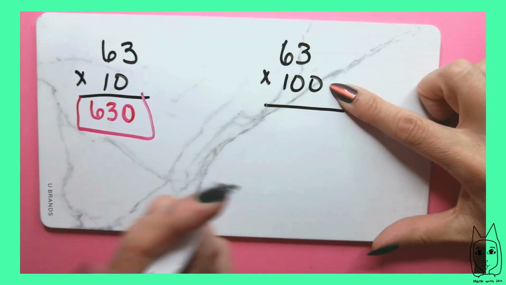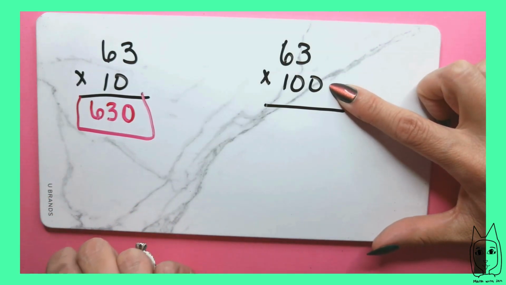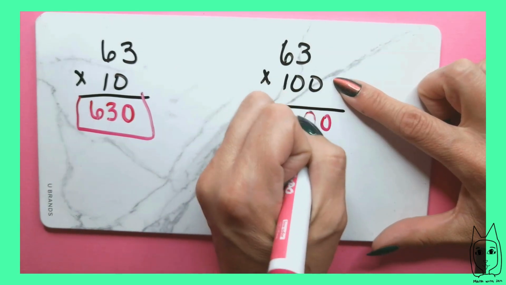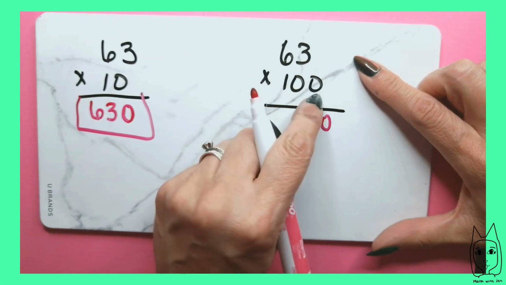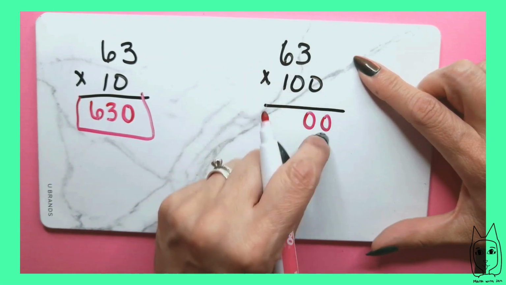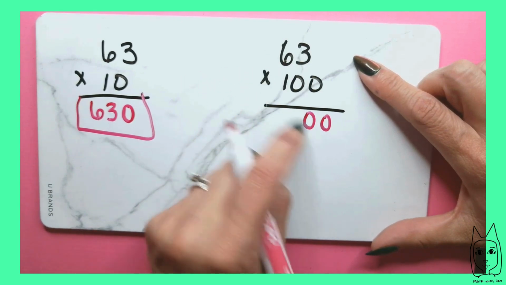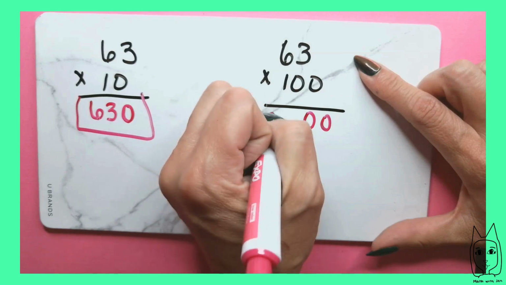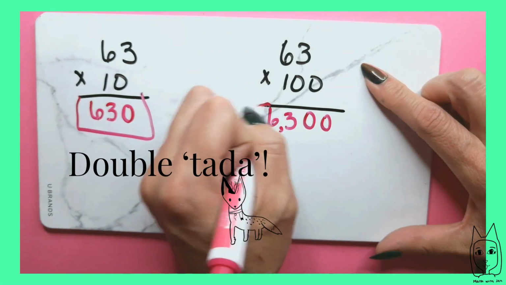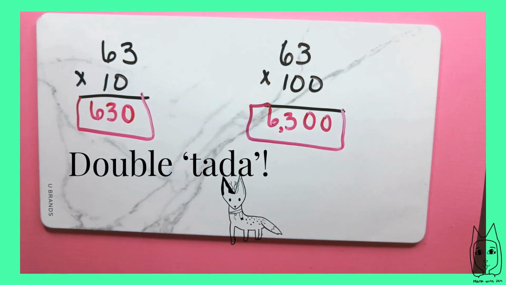The reason why when you multiply by a multiple of 100, you can put the 2 zeros automatically is because 0 times 63 is 0 ones, 0 tens times 63 is 0 tens, and then 100 times the 63 is 63 hundreds. And that is what happens when you multiply by 10 and when you multiply by 100.